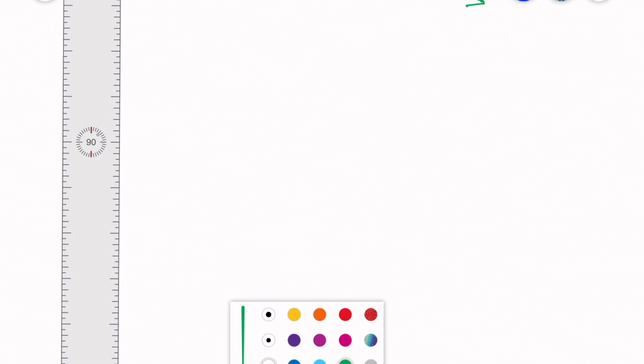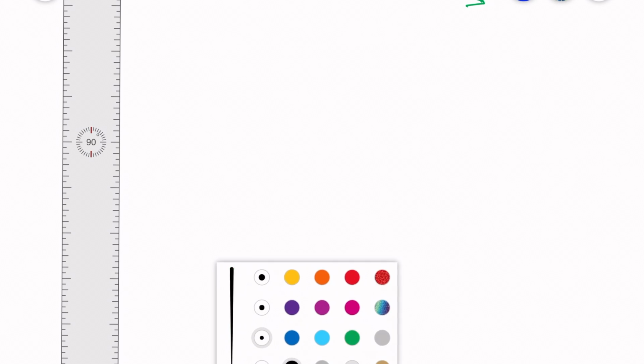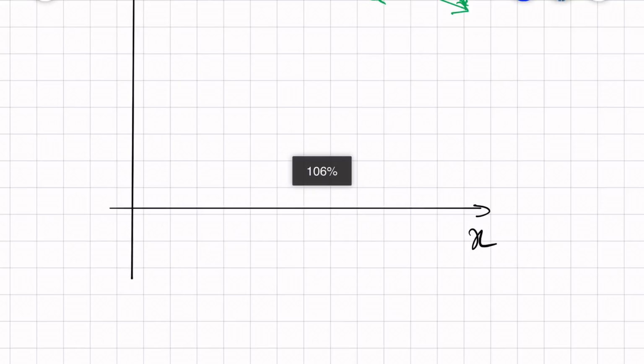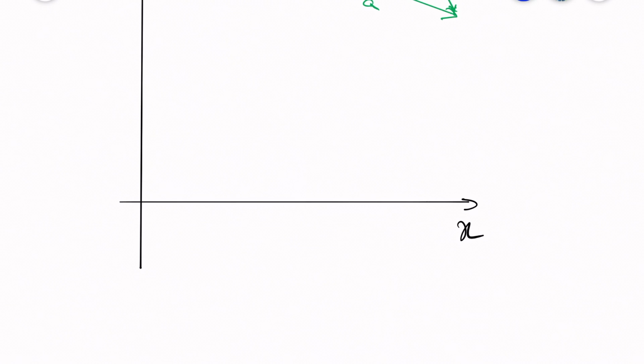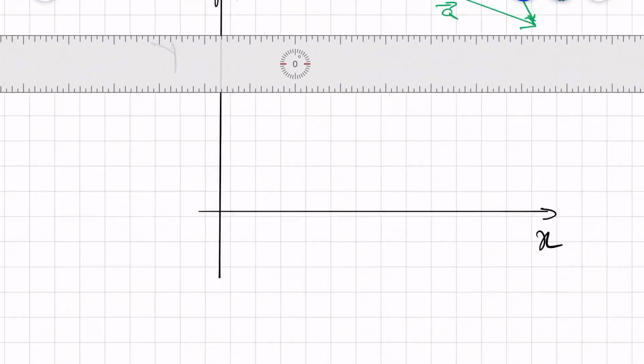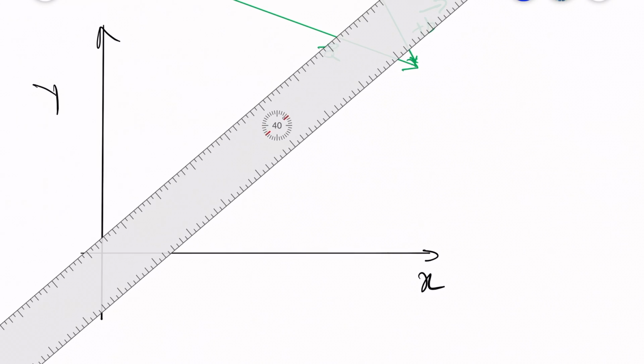So, you have an x axis, and let us say this is your x axis and this is your y axis, and let us say we have a vector which is this one.